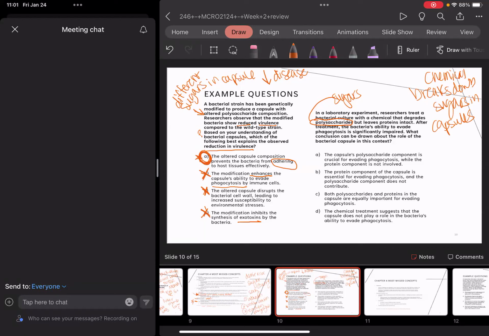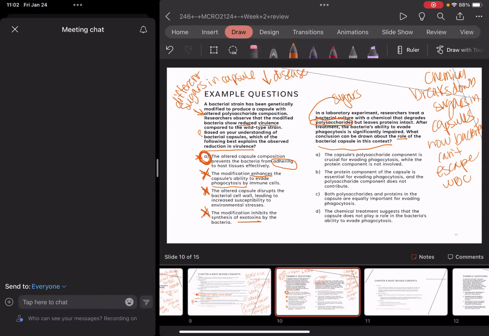So the chemical breaks down the sugars in the capsules, and now bacteria can't outrun or evade or escape our white blood cells, our immune system. Okay. That's what's happening. What conclusion can be drawn about the role of the bacterial capsule in this context?